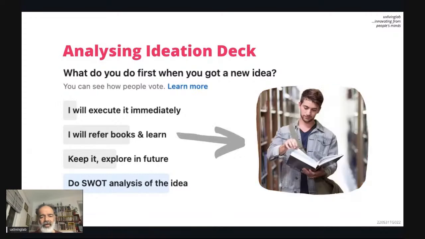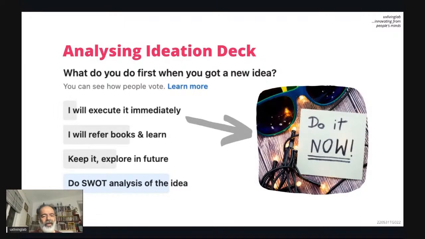Okay, the next one is will refer to books and learn. That's a good one. You have to learn about that idea. So you start working on it. You start learning. Then comes I will execute it immediately.